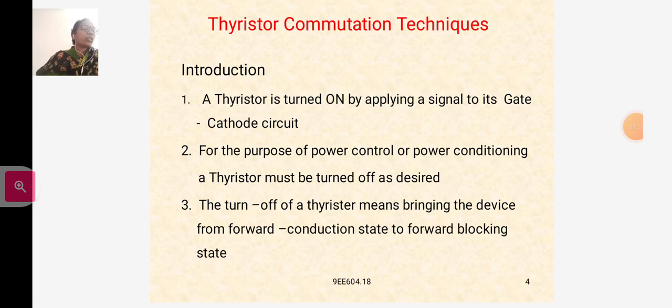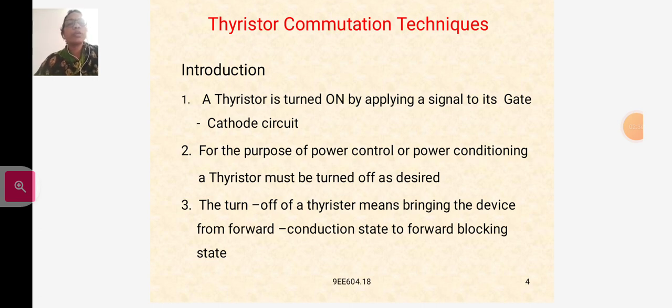Turning off a thyristor is not as easy as turning it on, and it requires special circuits. To turn off the thyristor, we can use commutation. For the purpose of power control or power conditioning, a thyristor must be turned off as desired.